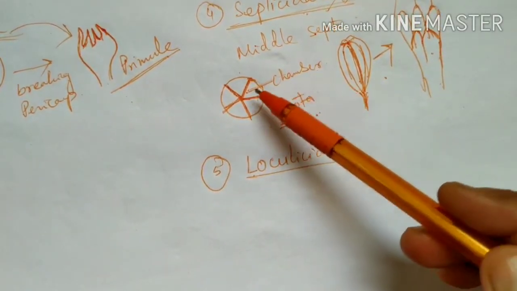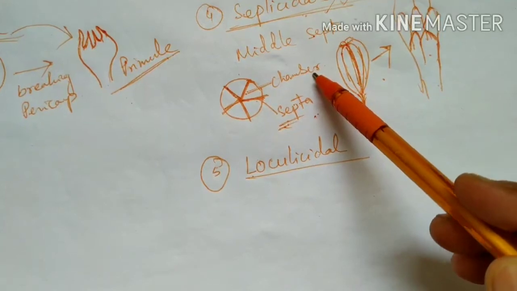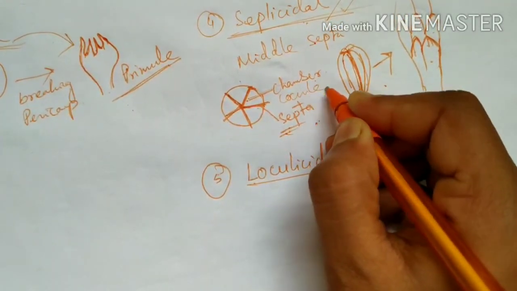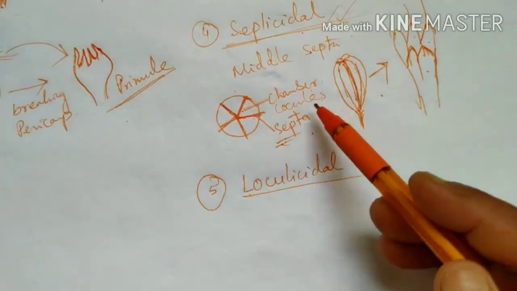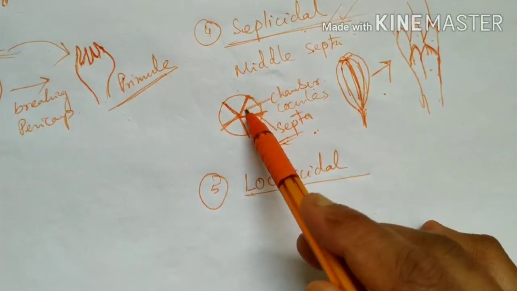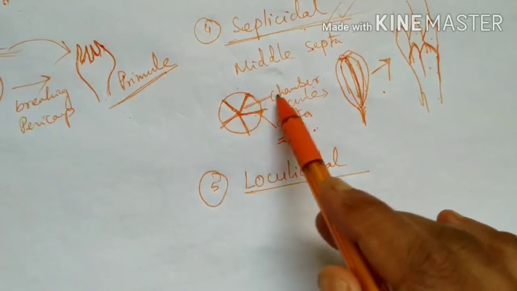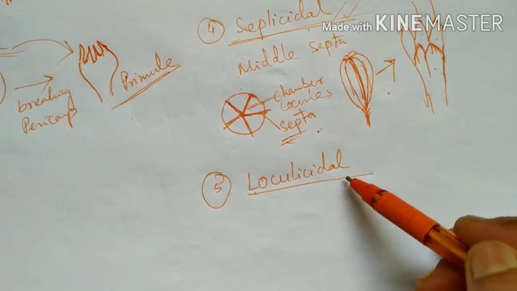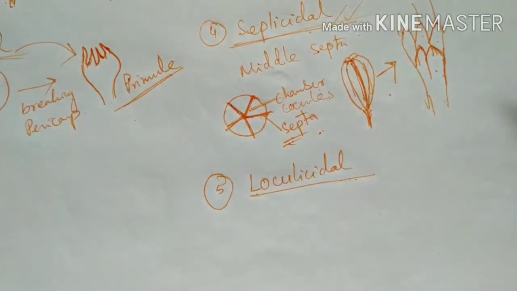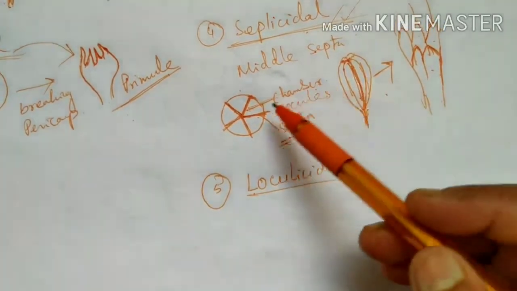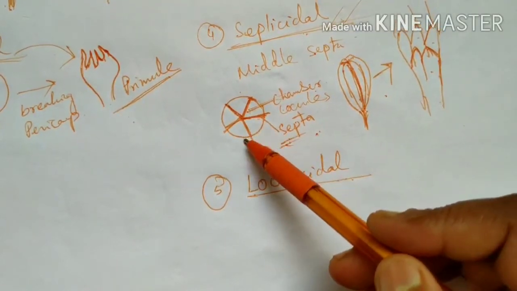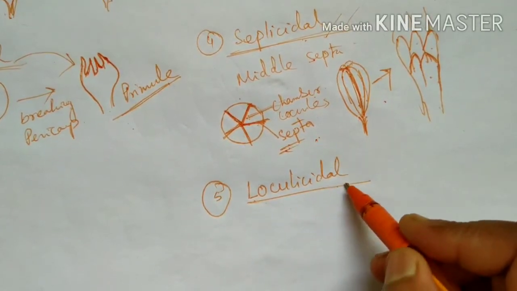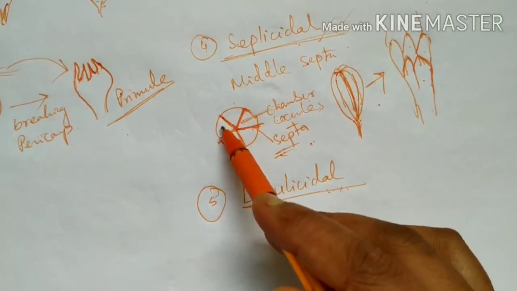And this chamber is also known as locule. So if the fruit dehisces through this locule or chamber, then this is called loculicidal type fruit. And if the fruit breaks through this septa, then this is called septicidal. So here loculicidal type fruit, or locules.